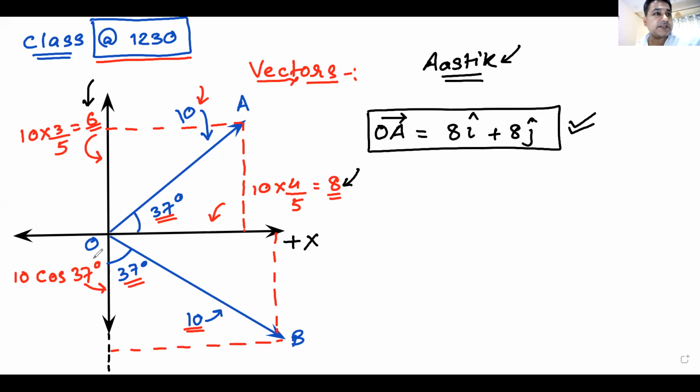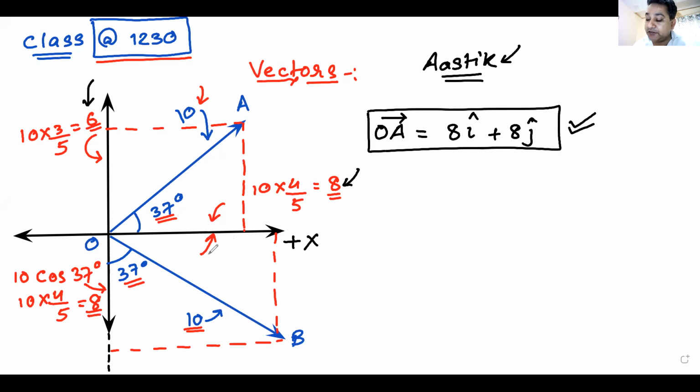What is cos of 37? You don't remember cos of 37? 4 by 5. Yes, Teja. So you multiply 10 by 4 by 5 and this becomes 8. The y component becomes 8.